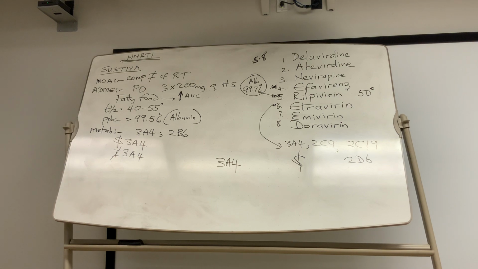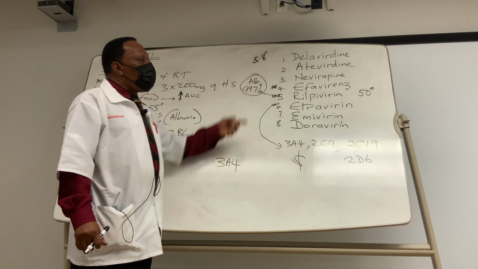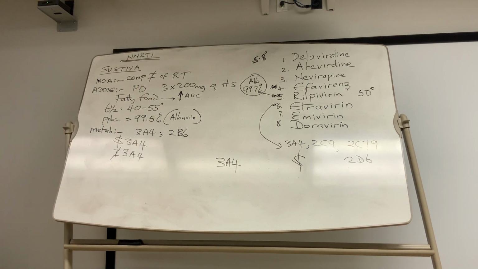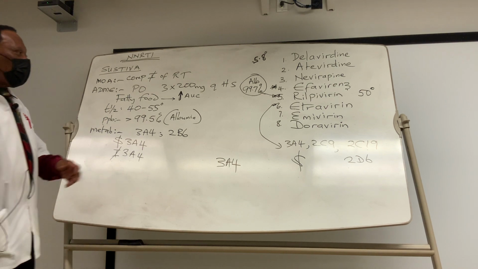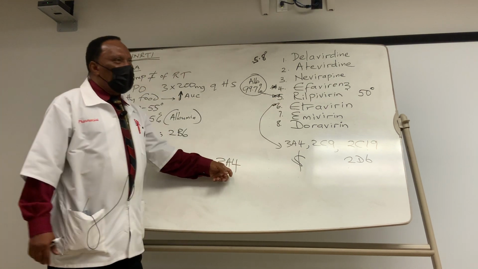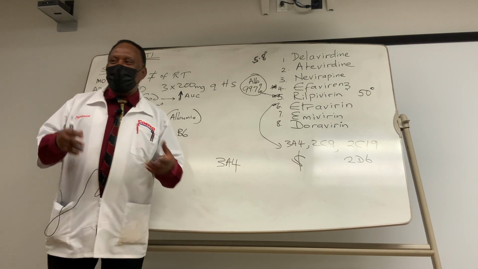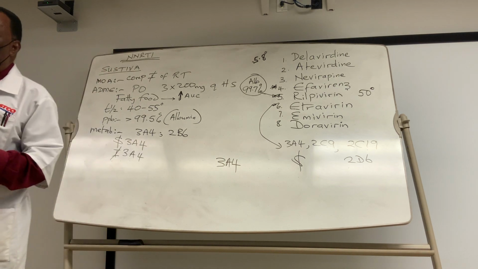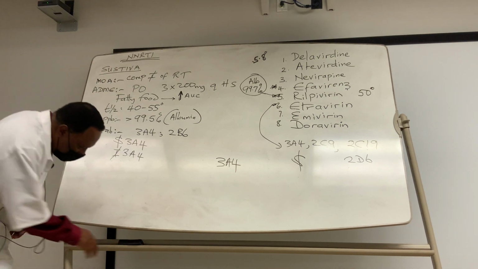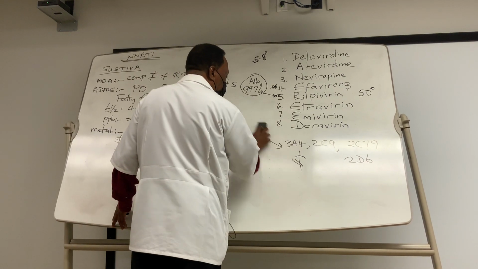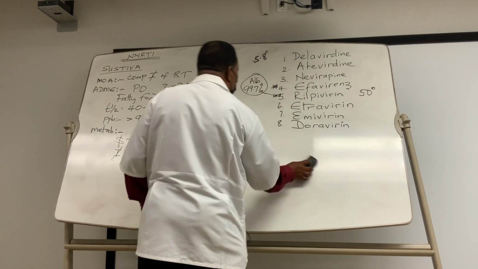It has neither inductory activity nor inhibitory activities on the enzymes. Okay, so rilpivirine does not give you auto-induction. It does not induce 3A4, and it does not inhibit 3A4. Those are some classical differences among those top three NNRTIs.